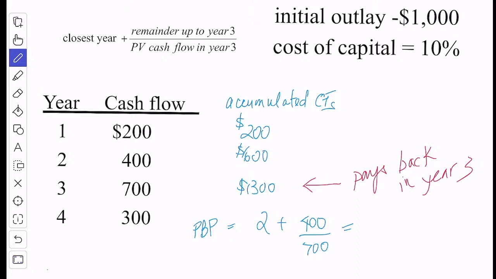So this is a very easy calculation somebody could make without even needing a calculator. So when you sort this out, you get 2.57 years.